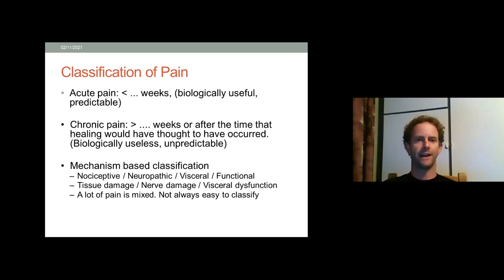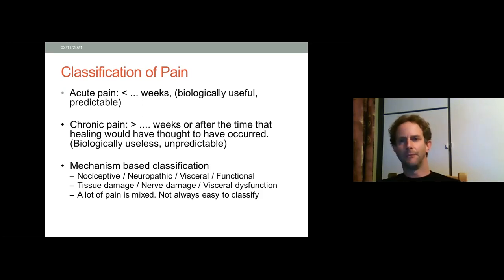However, there's not a very good definition of chronic pain, and depending on what you read, you might get different definitions. Some people have tried to put a timestamp on it, whether that's 6 weeks or 3 months, but depending on what you read, you'll get a different answer. The general theme is that chronic pain is pain that continues after full healing of whatever happened had occurred.